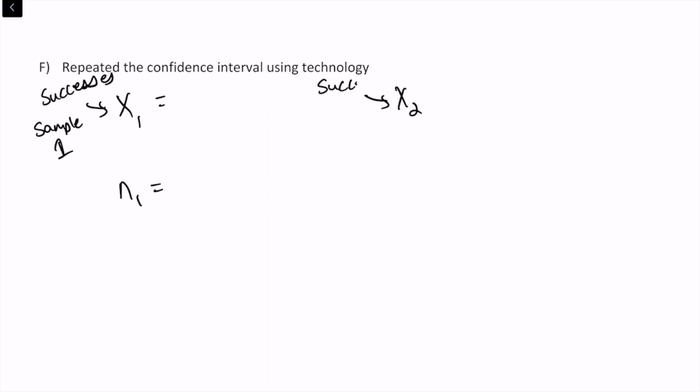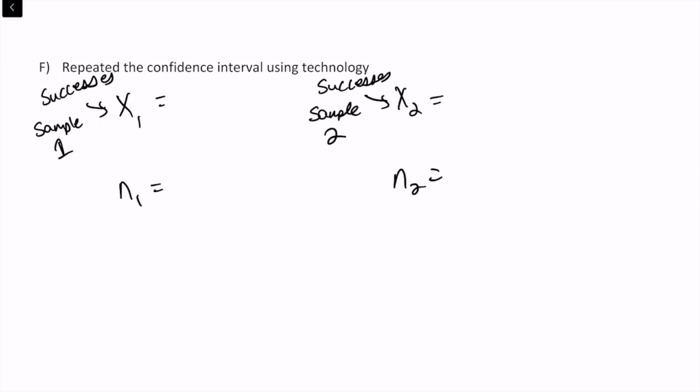So all we need is X1, which represents, I like to use X1 to represent successes from sample 1. Okay, we need X1, we need N1. N1 is our sample size. And then we need the same thing for X2. Remember, X2 is going to be successes from sample 2. And then we need an N2.